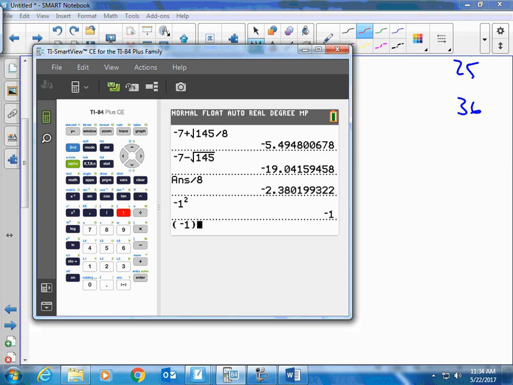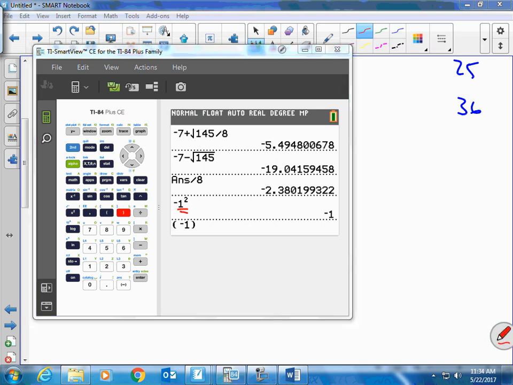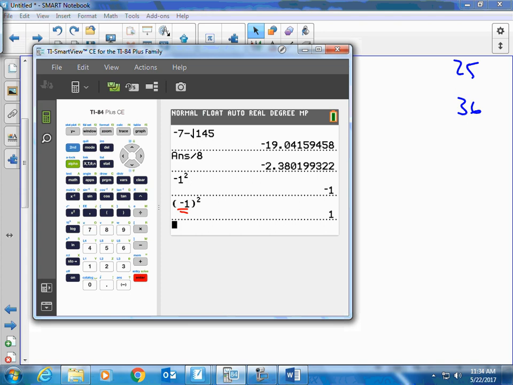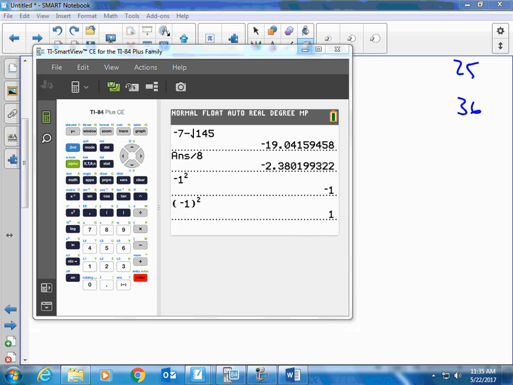It knows order of operations. It squares first, right? Parentheses, exponents. It does exponents first. Then it multiplies by a negative 1. That's not what you want it to do. You want it to take a negative 1 and square it. So make sure you tell it what to do correctly, and it'll do it very quickly. But it's not any smarter than what you tell it to do.